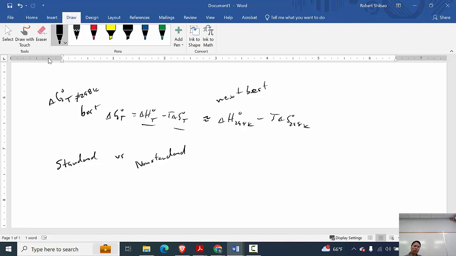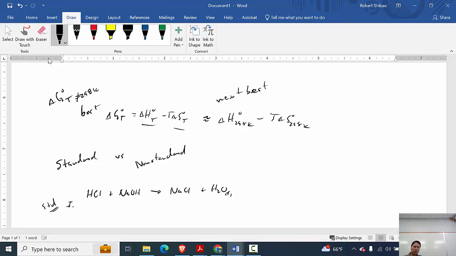So if we look at a reaction, and I want to do this reaction under standard conditions, so I'm going to do standard initial conditions.